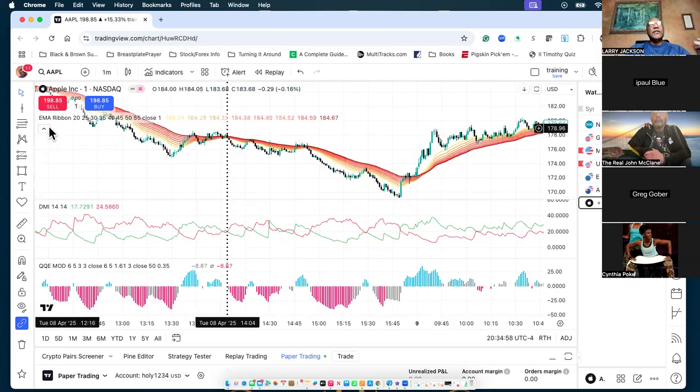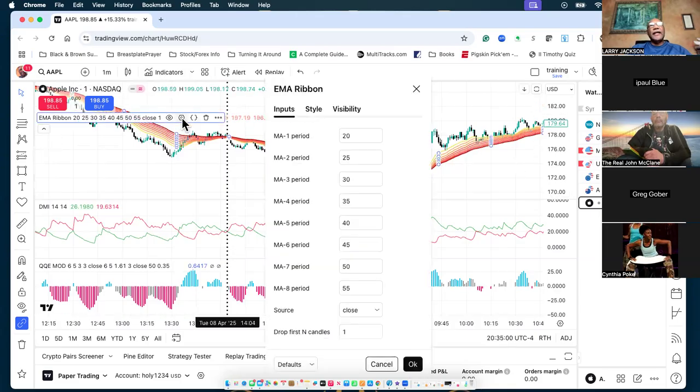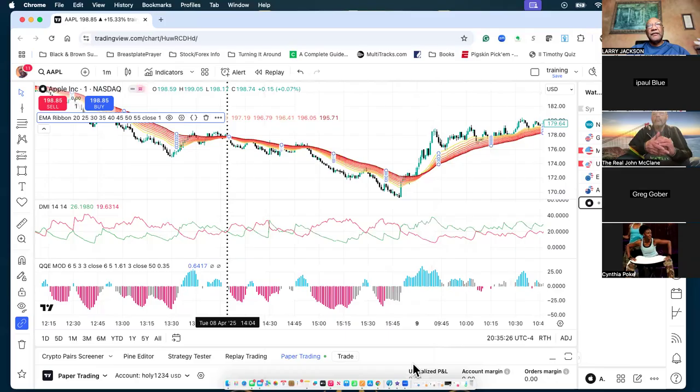Moving average period 20, 25, 30, 35, 40, 45, 50, 55. So those are the lines of the ribbon. Rather than having one or two, I got eight moving averages on my screen.